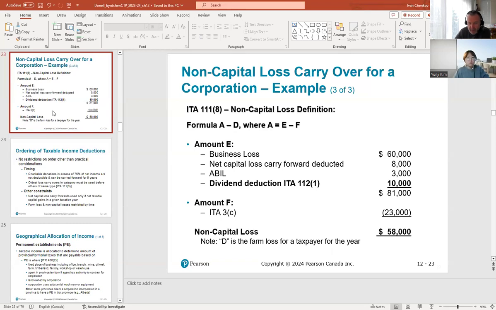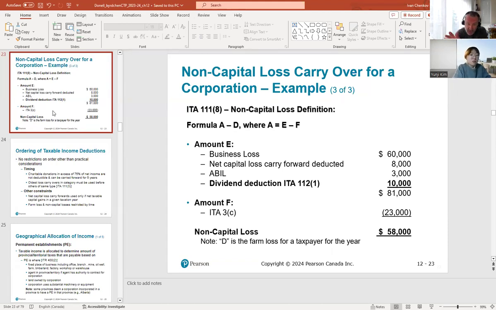Does that make any sense? Yeah, non-capital loss. Do we need to calculate it? So we're calculating non-capital loss. Yes. That's how we calculate.